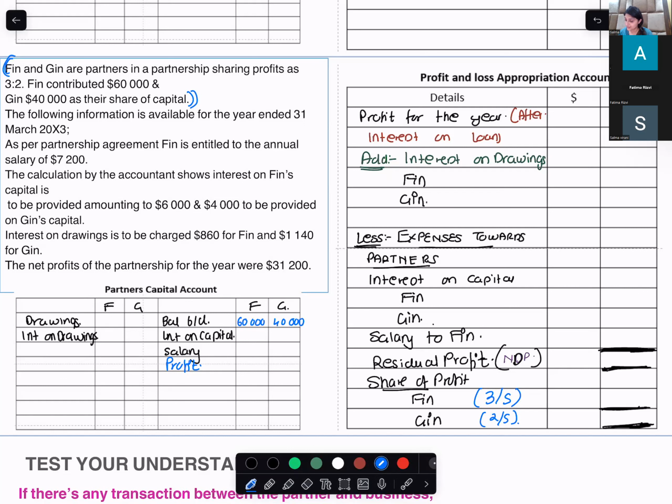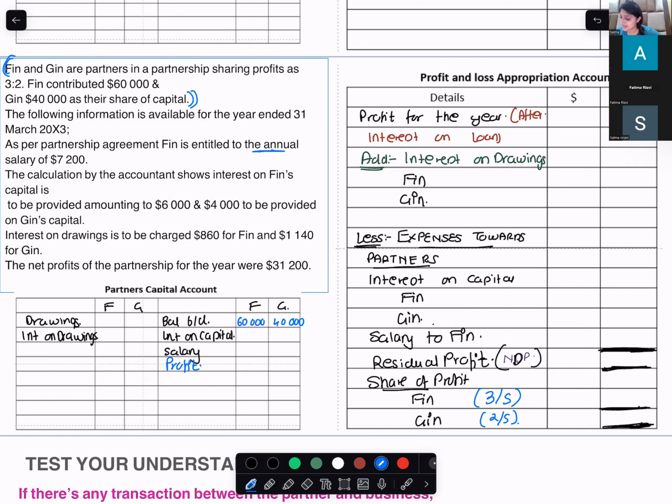Okay, read ahead. The following information is available for the year ended 31 March. As per partnership agreement, Finn is entitled to the annual salary of 7,200. So tell me. Annual, like 12 months, so 12 times 7,200?